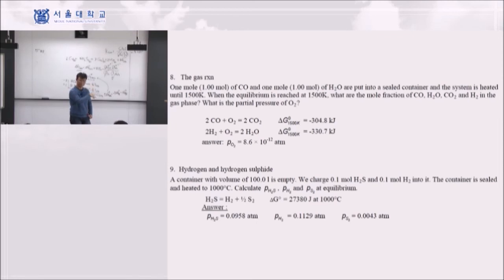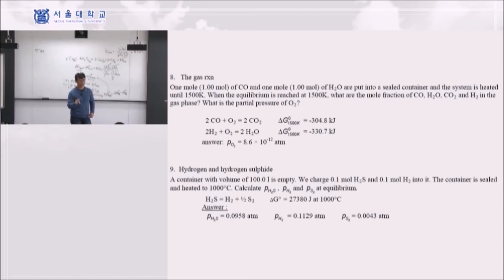In the previous questions, it was asking whether the reaction moves forward or backward. It's a direction of reaction. In this one, I have 1 mole of H2O and 1 mole of CO, and I allow them to have a chemical reaction at 1500 degrees Kelvin, and in the final state, what is my chemical composition? What's the composition of each gas phase?